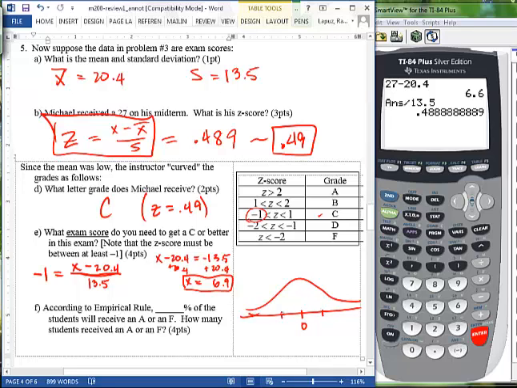One standard deviation away, we have 68% of the data. And then 2 standard deviations away, we have 95% of the data.